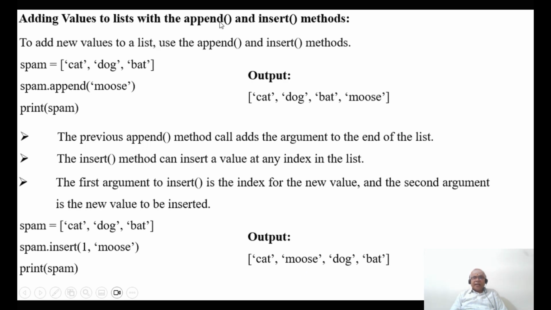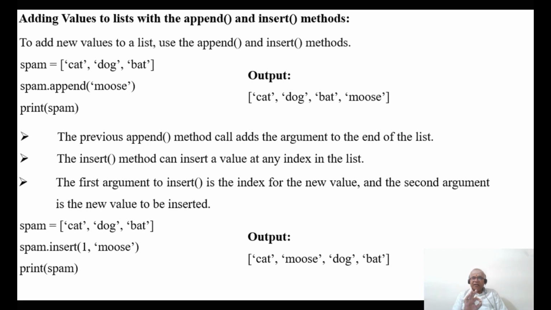So the difference between the append and insert methods is that append will always add the value at the last index of the list, while the insert method will insert the value in between two indexes. That means you can add at any index value you want.